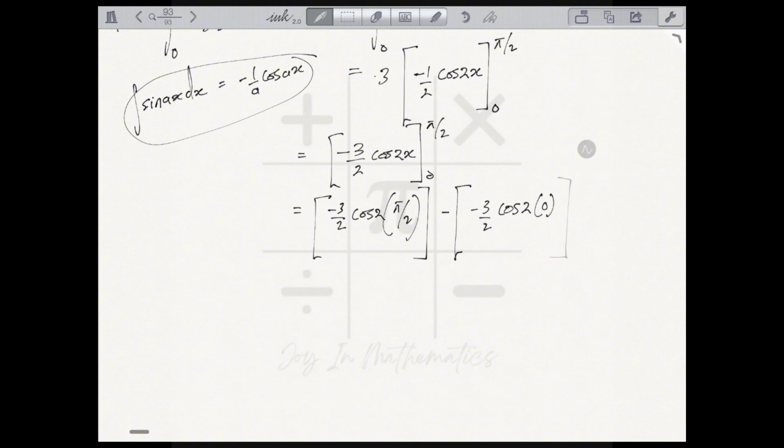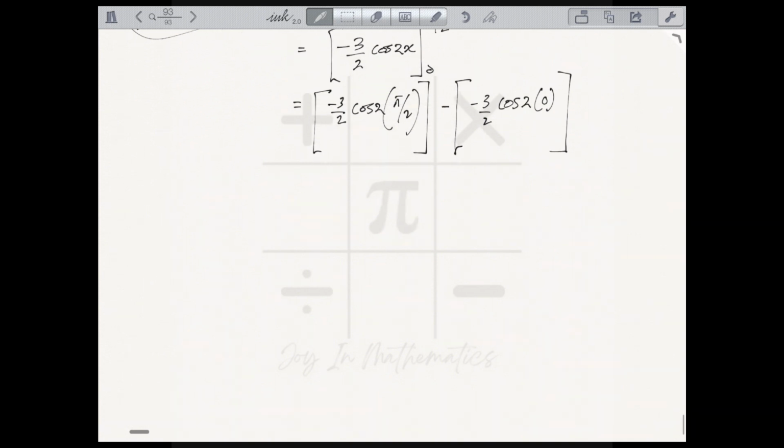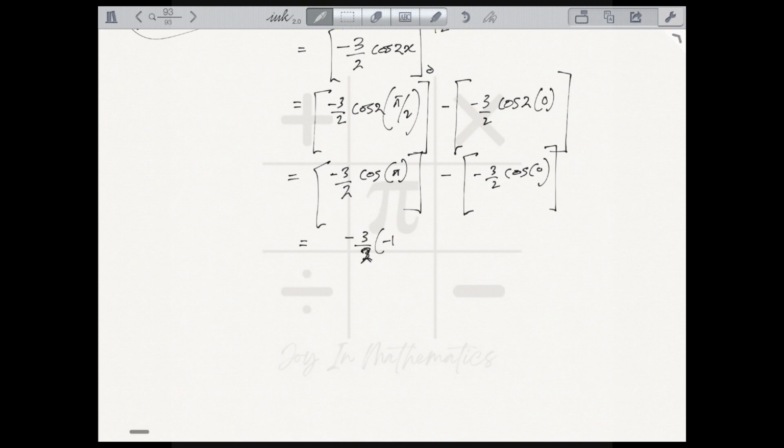Having done that, we simplify further. This will give us -3 over 2 cos pi minus -3 over 2 cos 0. Now cos pi is -1, that's -3 over 2 into -1, and cos 0 is 1.